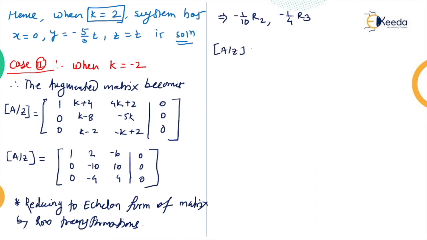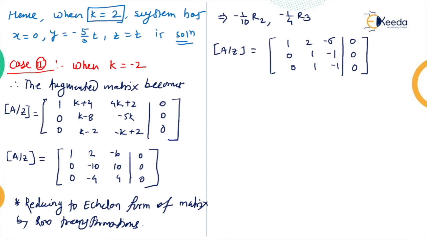What we get is the augmented matrix: 1 2 minus 6, row-wise elements, then 0 1 minus 1, next one is 0 1 minus 1, and 0 and 0 here. After making this transformation, we get this.